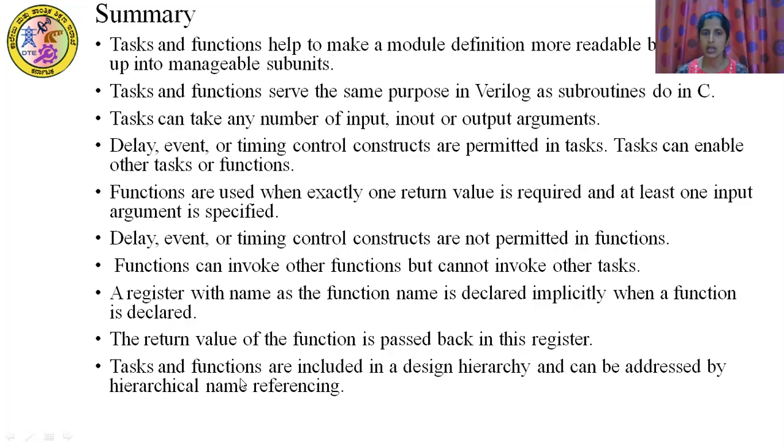Tasks and functions are included in the design hierarchy and can be addressed by hierarchical name referencing. So this was about the concepts we discussed in this lecture. Further, let us go through a few MCQs to know whether you have understood the topics properly or not.